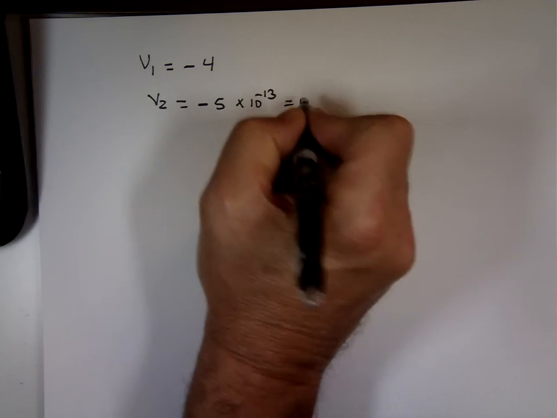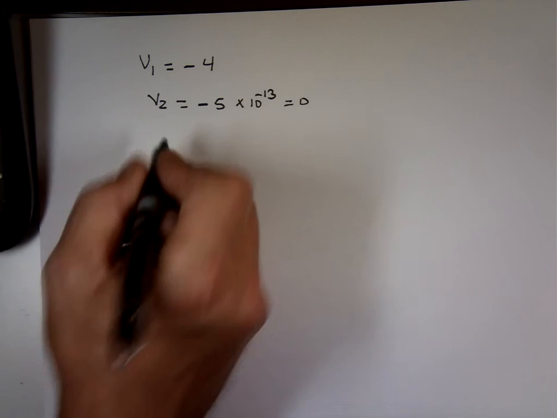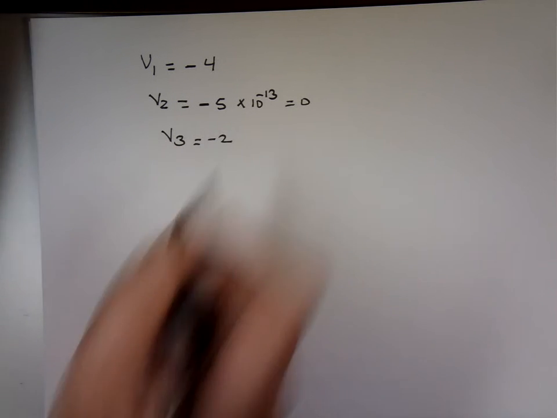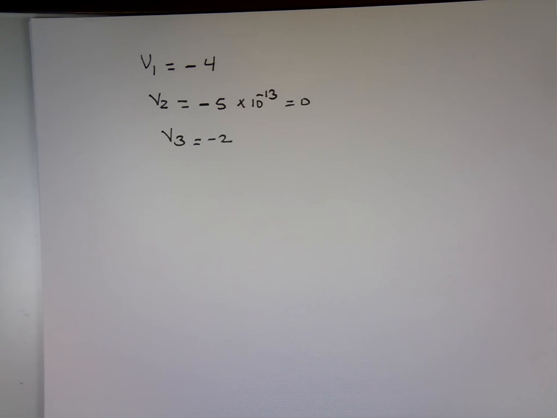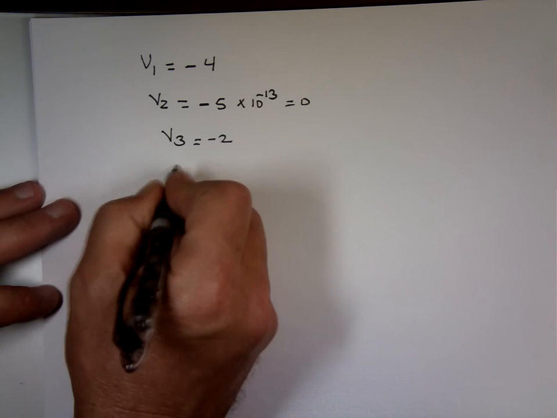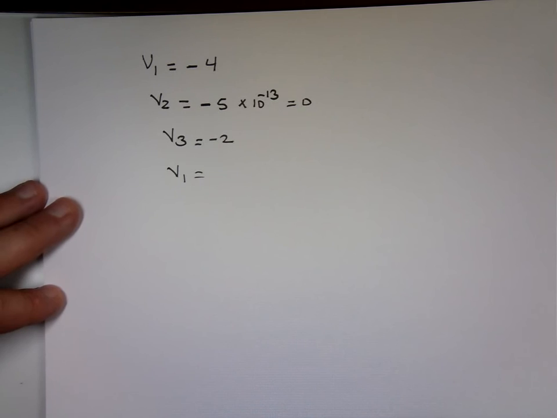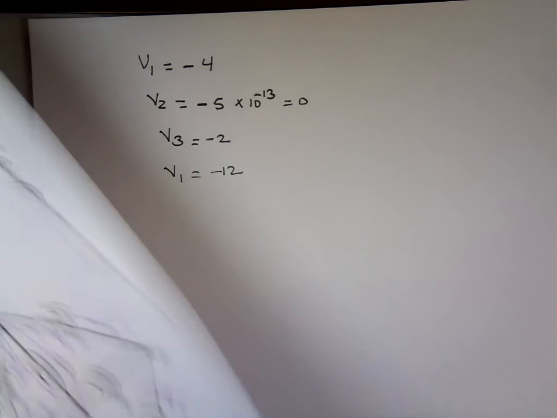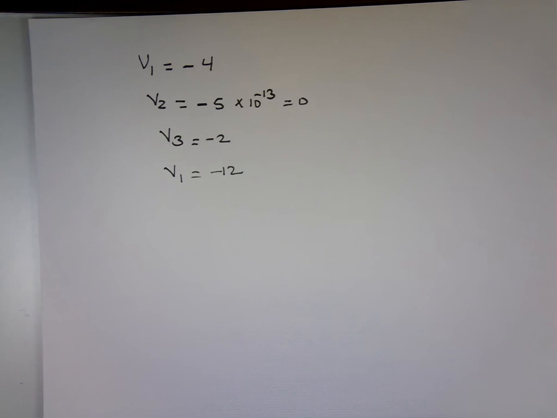And V3 I got to be negative 2. And we know V1, what was V1? Was that negative 12 from the picture? That was V1 here, that's a negative 12. So these are the answers for all of them, and it does happen to match the example here.